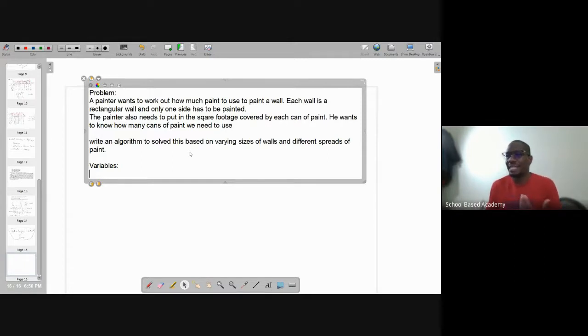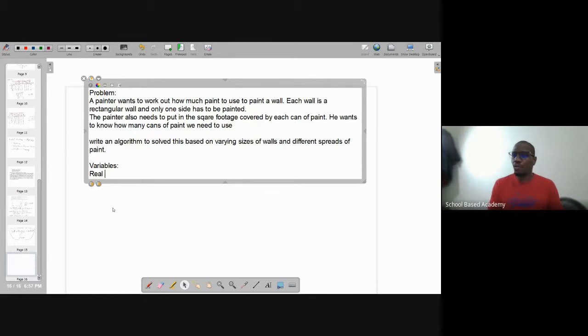What is the better data type to use in this scenario? Real. So we can say real is the better data type to use because the wall might have varying lengths.